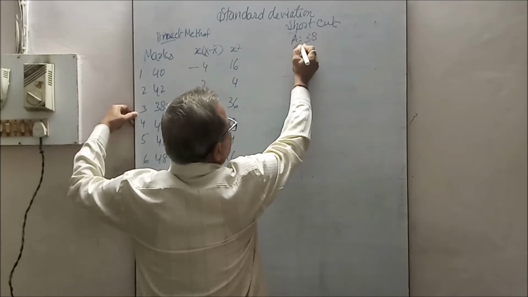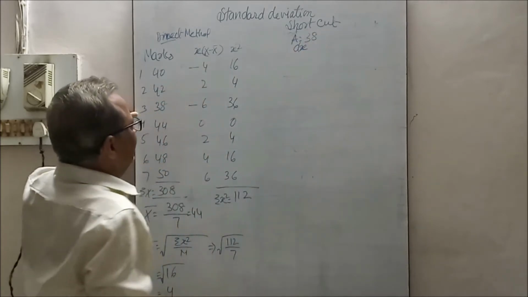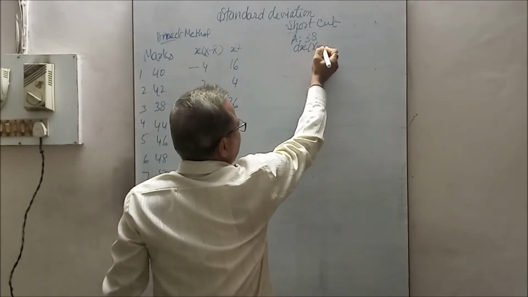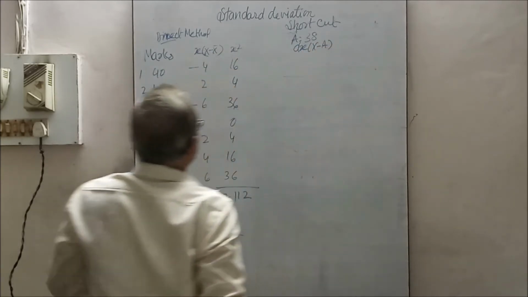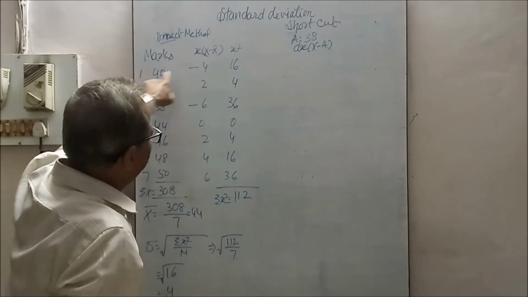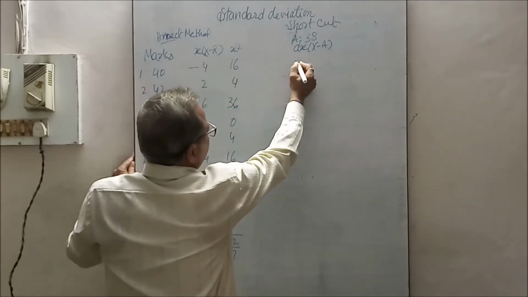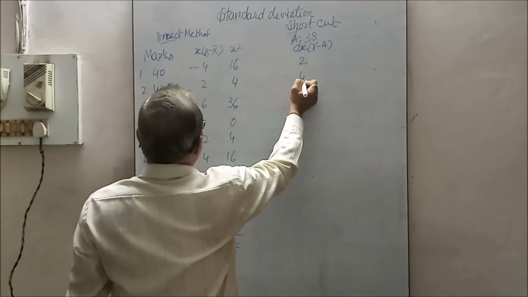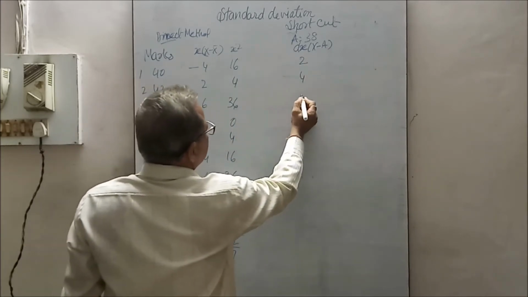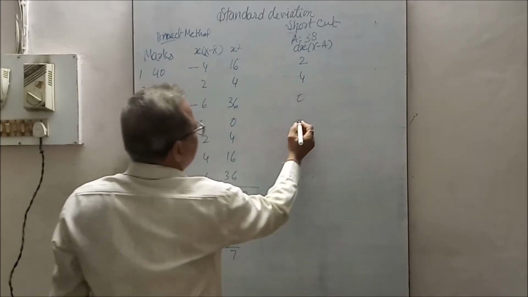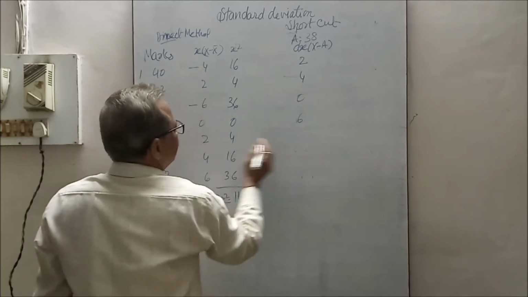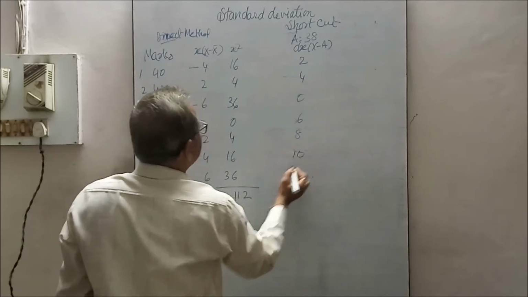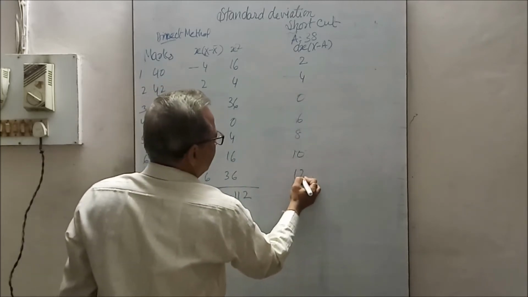Then we find the deviation from x, that is x minus a: 40 minus 38 is 2, 42 minus 38 is 4, 38 minus 38 is 0, 44 minus 38 is 6, 8, 10 and 12.